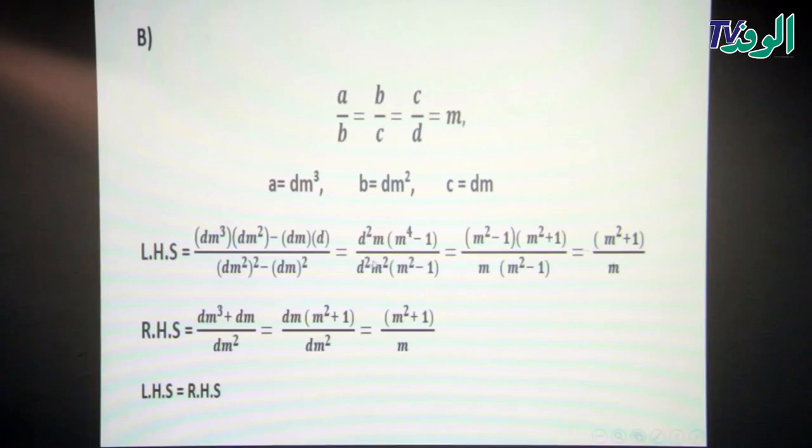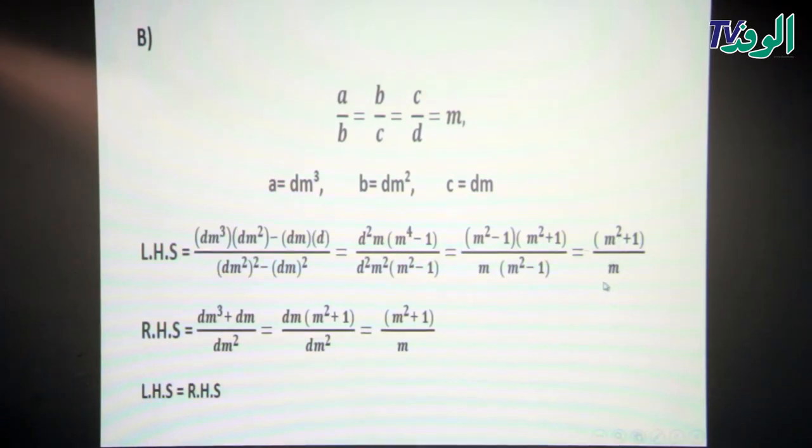Below we take d squared m squared as a common factor, leaving m squared minus 1. We cancel d squared with d squared, and m with the power of 2. m to the 4 minus 1 can be factorized to (m squared minus 1)(m squared plus 1). This cancels with this, leaving m squared plus 1 over m.